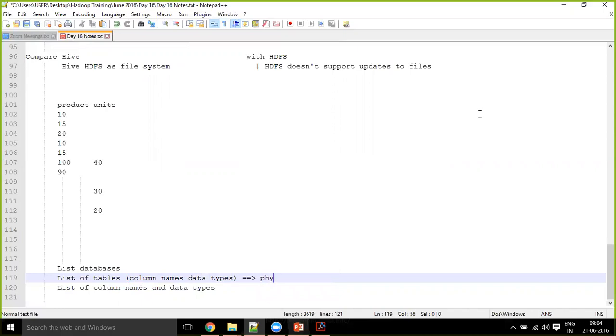Physical data means where that actual data is located, the physical HDFS file location.